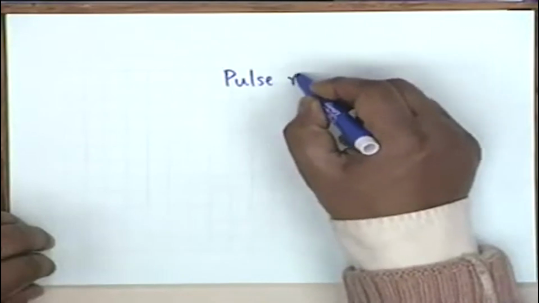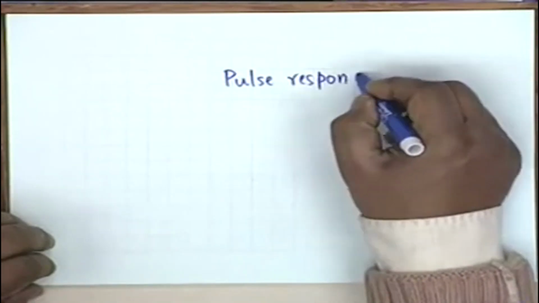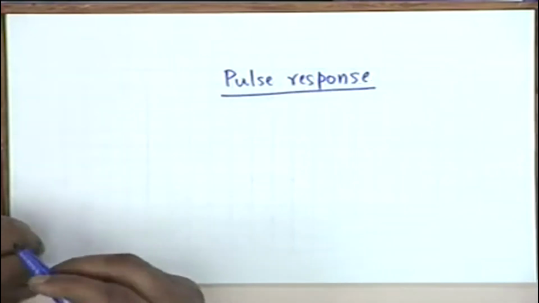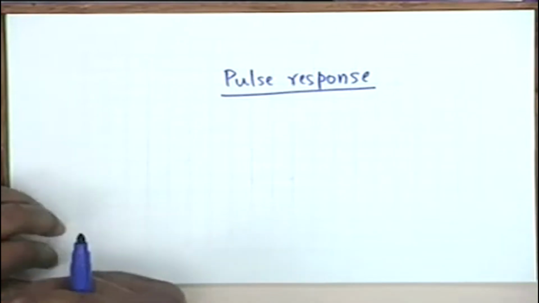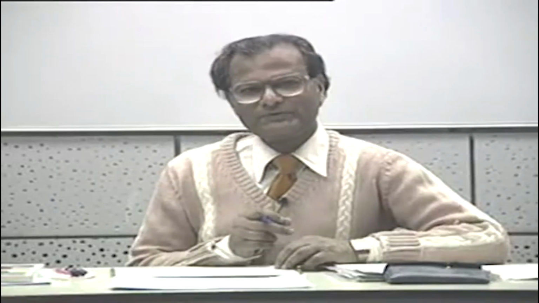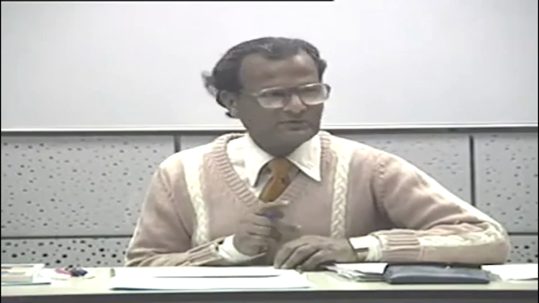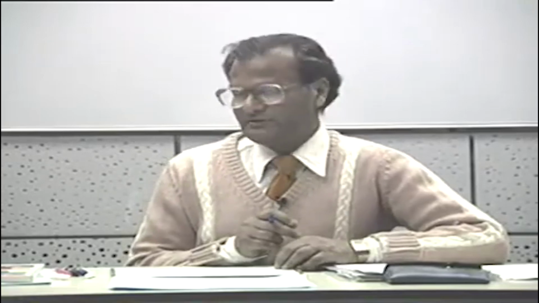In this context, a term which is sometimes used for determining the characteristics of electrical circuits is the so-called pulse response. We have already said what a step response is. A unit step response is one in which a battery of 1 volt is switched on at t equal to 0.